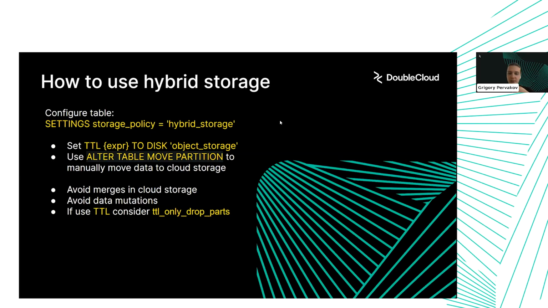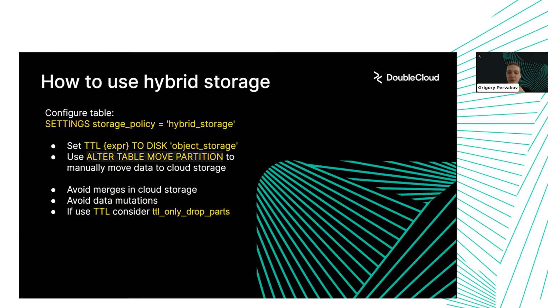Also, it could be useful to move partitions manually, for example when you migrate into hybrid storage, or again during data spikes, or it could help you free some disk space to avoid incidents.